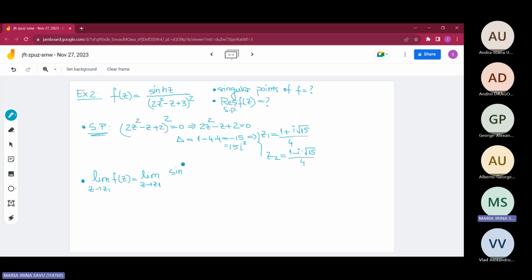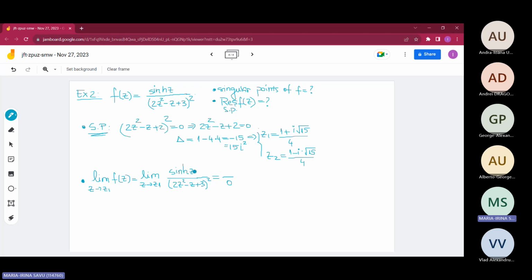Because z1 is a solution for the denominator equals 0, it means that here you will have 0, because z1 was found from this condition.